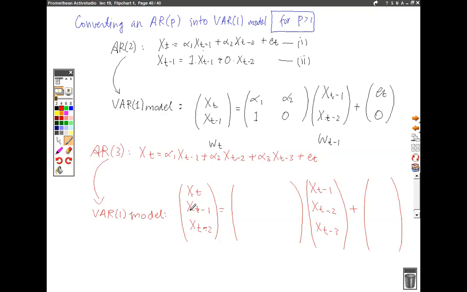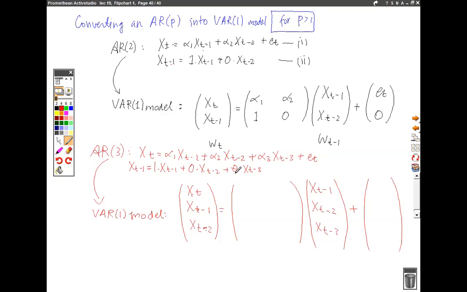So now you figure out the equations for xt minus 1 using this, and now you figure out the equations for xt minus 2 using this. In the same way, I figured out an expression for xt minus 1 here. Right, you just put 0 to all the coefficients which you do not care about.